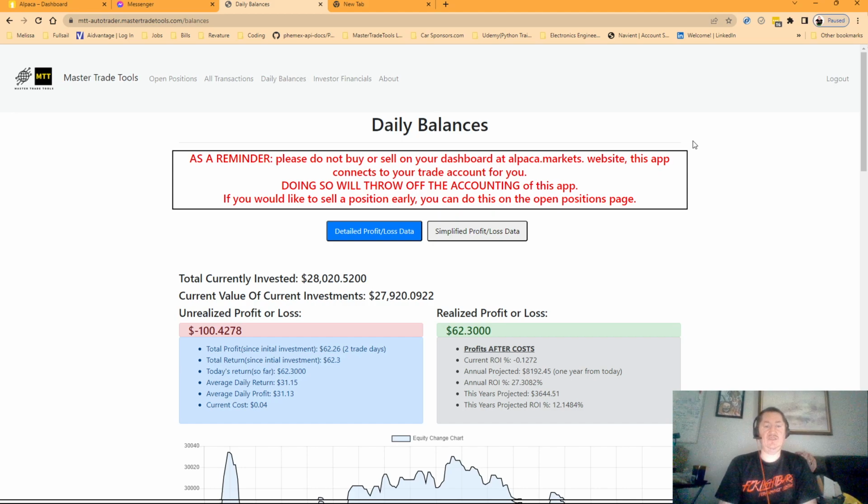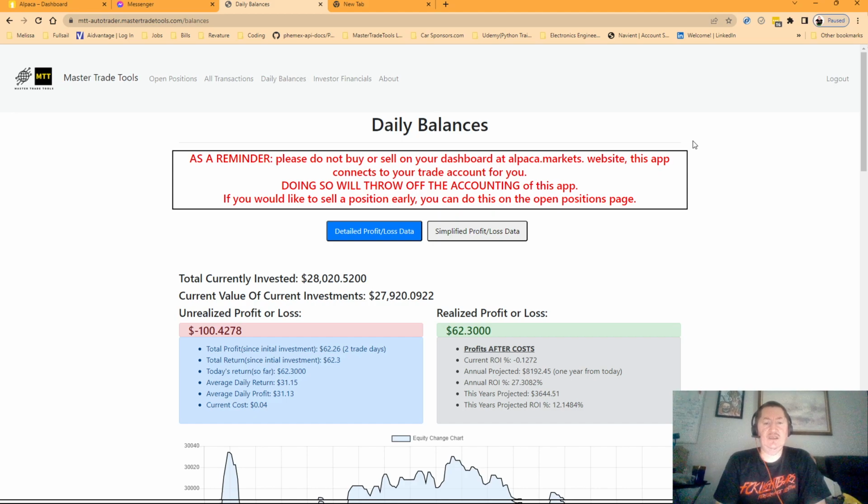If you're looking at the open positions page, which we'll go into in a few minutes, and you see a position has been open for, say, 20 days, and it's red, which means it's currently at a loss, and you decide you want to sell it, there is that ability on the open positions page.